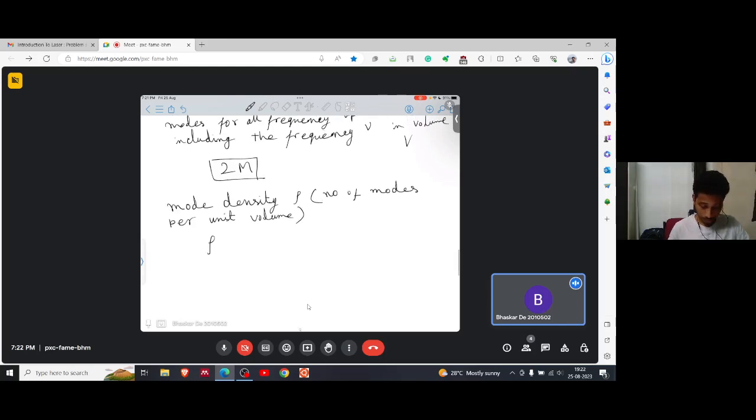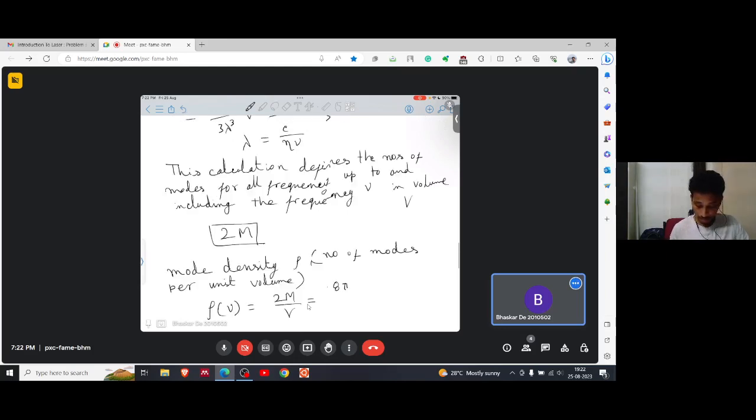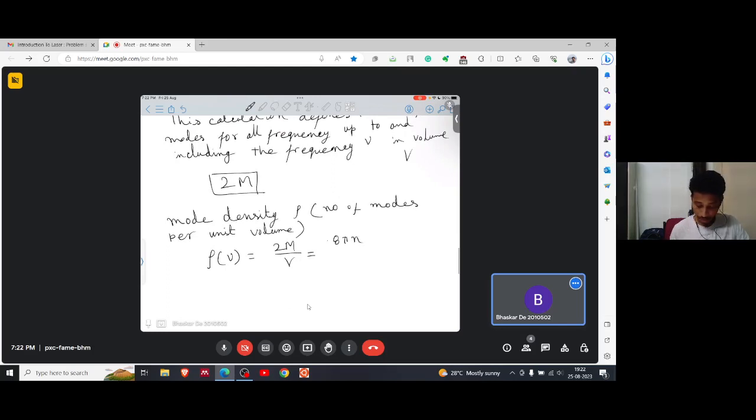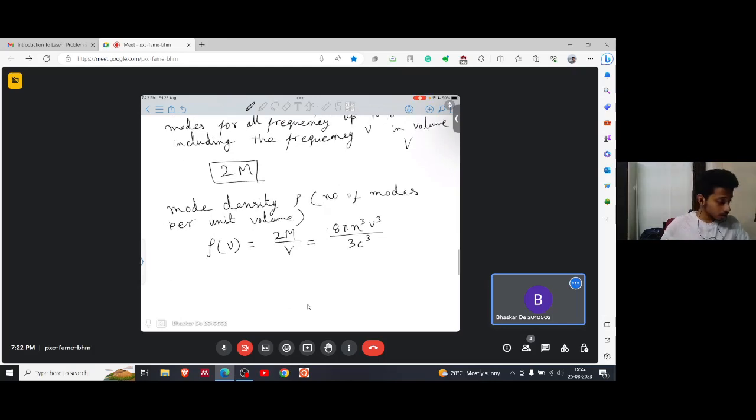So then we have rho nu equal to 2N by V, which is 8 pi eta cube nu cube by 3c cube.